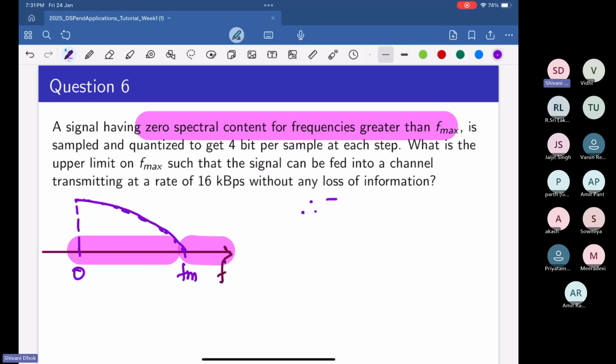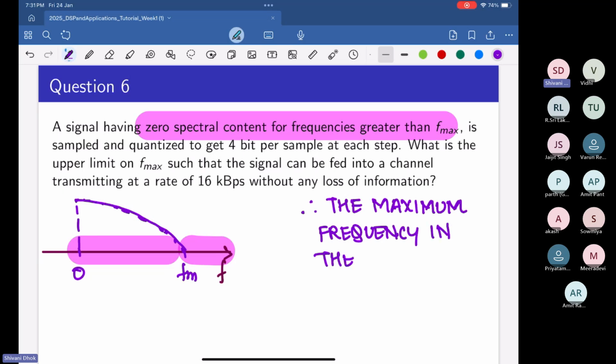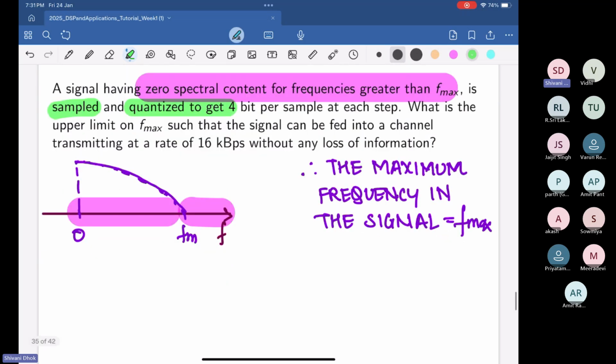So its frequency content is present only till this particular frequency, that is f max. Therefore, the maximum frequency in the signal is f max. Now what is said is it is sampled and quantized to get 4 bits per sample at each step. Sampling we understand, that is, we are discretizing it at every time instant. What do we mean by quantization?